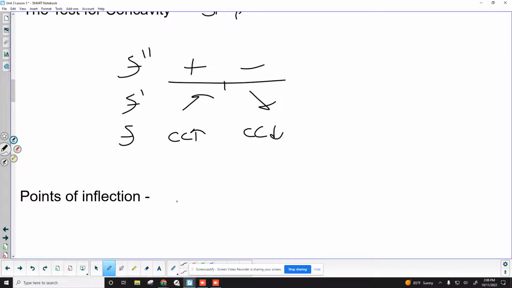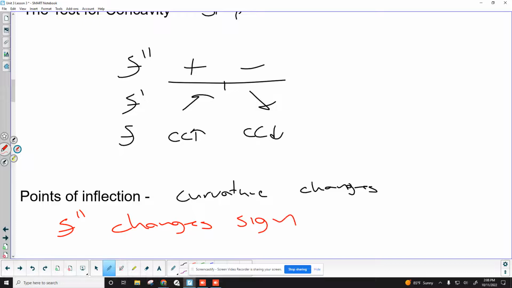Points of inflection are when the curvature changes, and that's when our second derivative changes sign. An example would be that x equals c is a point of inflection. I will use POI for short for point of inflection.